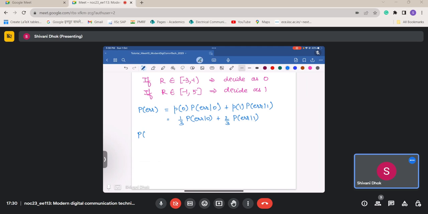So let us see this probability of error given 0. Basically we need to integrate the PDF of r given 0 being transmitted over the region where we decide as 1, that is from -1 to 5 dr.